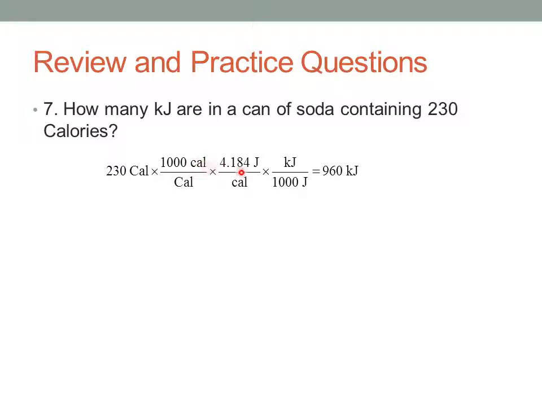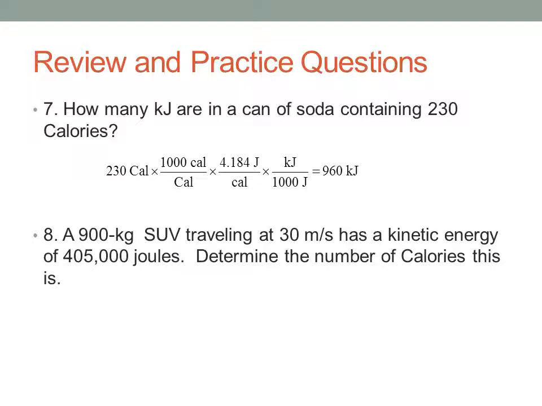And then finally, to convert to kilojoules, we could say that there are 1,000 joules in a kilojoule because kilo means 1,000. And again, joules would cancel, and we're left with kilojoules. As far as sig figs are concerned here, notice 230, as that's written, is just 2 sig figs. So we can only have 2 sig figs in our answer, which would round to 960 kilojoules.